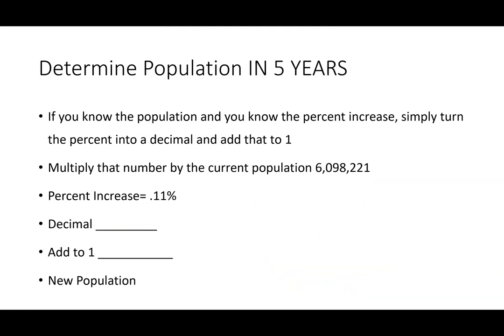What if I want to do that in 5 years? Well, then, you're not going to have to do this in anything marked by me, which is great. But here's the formula. Decimal, once again, is 0.0011. So 1.0011. That doesn't change. Now we have our fun math problem, which is our original population of 6,098,221 people. Then we're going to multiply it by this 1.0011.